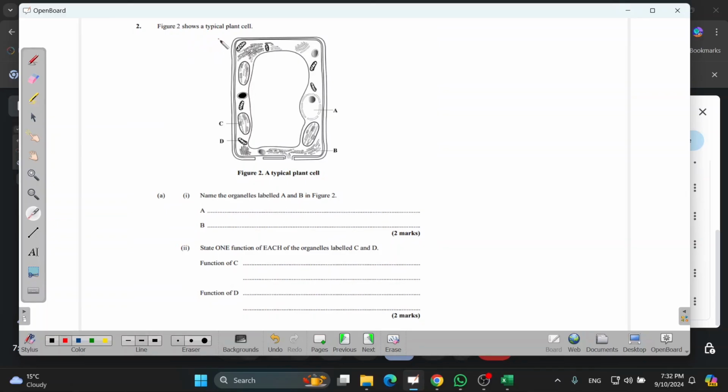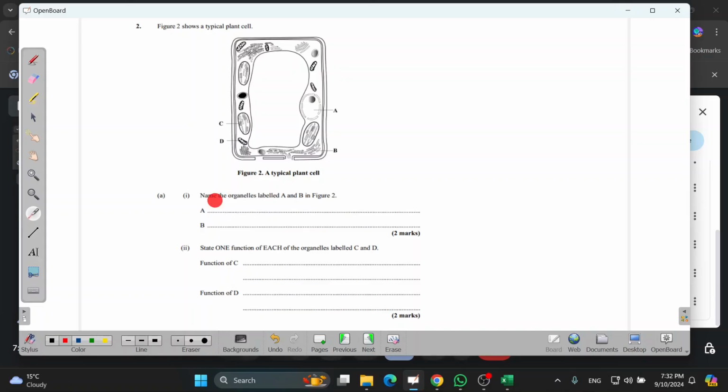Figure 2 shows a typical plant cell. So when you look at this picture, you need to be familiar with what you are looking at, right? So you need to be able to recognize each part of a plant cell and what they do.